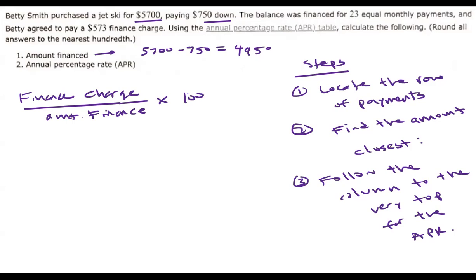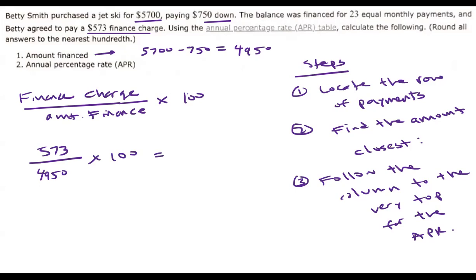So the finance charge is $573, so I put that on the top. And then the amount financed is the 4950, that's the amount that Betty is going to borrow, so put that in the denominator. And then we just multiply that by 100.